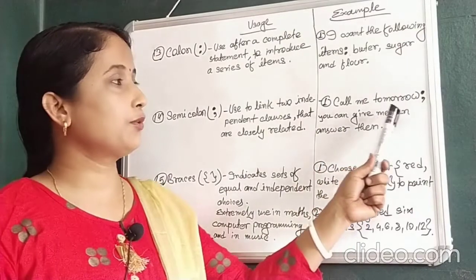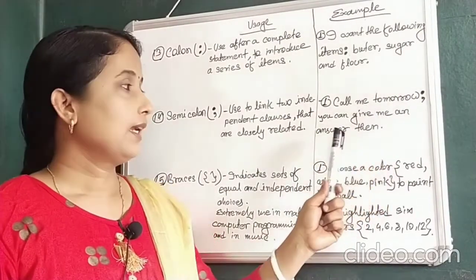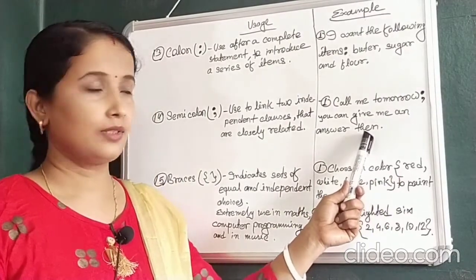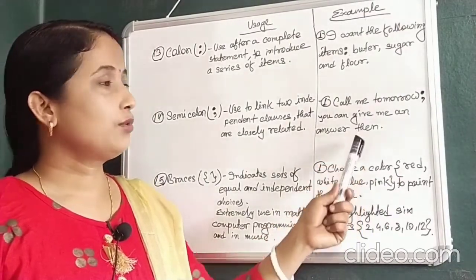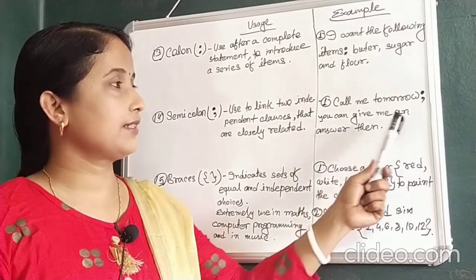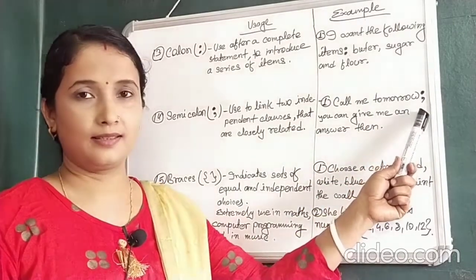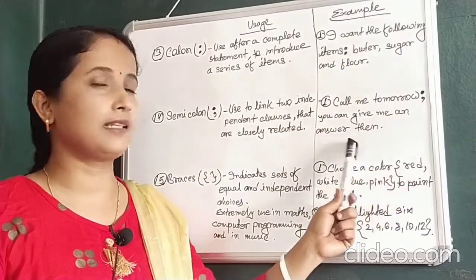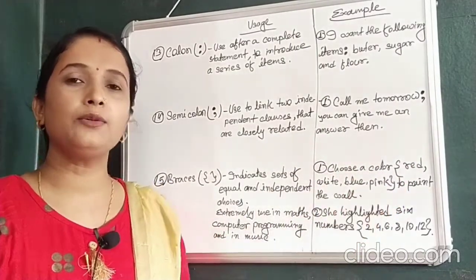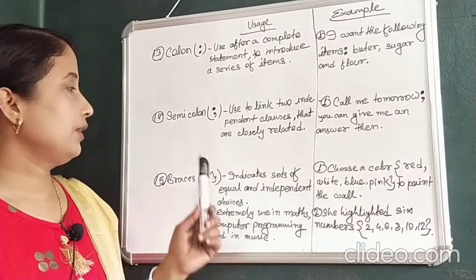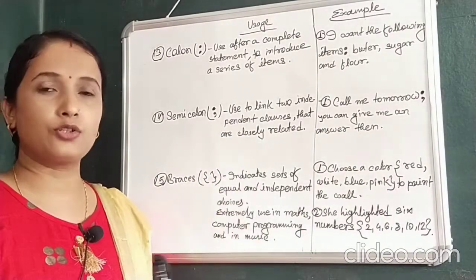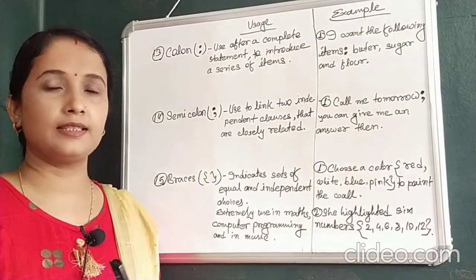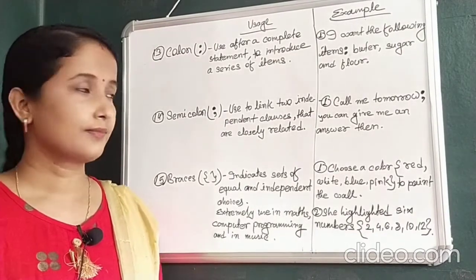Here, call me tomorrow is one clause, and you can give me an answer then is another clause. To link these two clauses into one sentence, we use a semicolon here. So we use a semicolon to join two closely related independent clauses into one sentence.